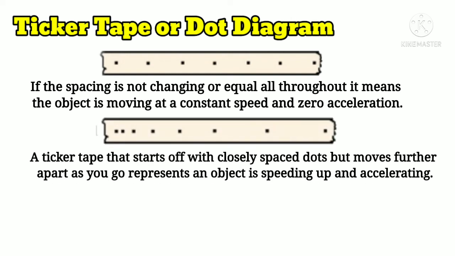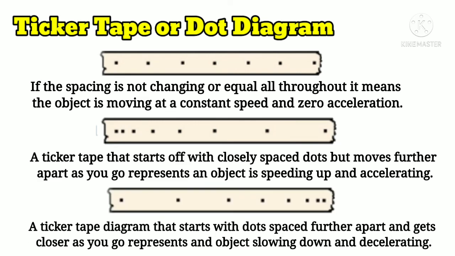A ticker tape diagram that starts off with closely spaced dots but moves further apart as you go represents an object that is speeding up and accelerating. A ticker tape diagram that starts with dots spaced further apart and gets closer as you go represents an object slowing down and decelerating.